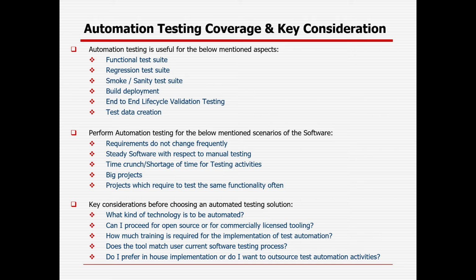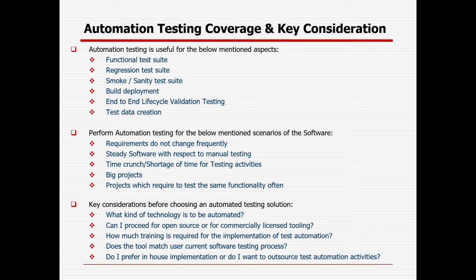So perform automation testing when the requirements are not changing or are streamlined. But if your requirement is changing, there is no point in starting automation much, because things will change again and again, and you need to invest a lot of time in fixing them. Whenever your application is not stable enough, there is no point in automating.